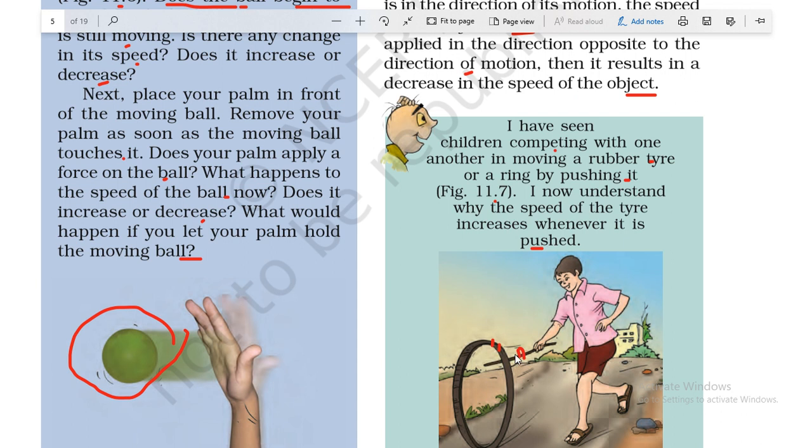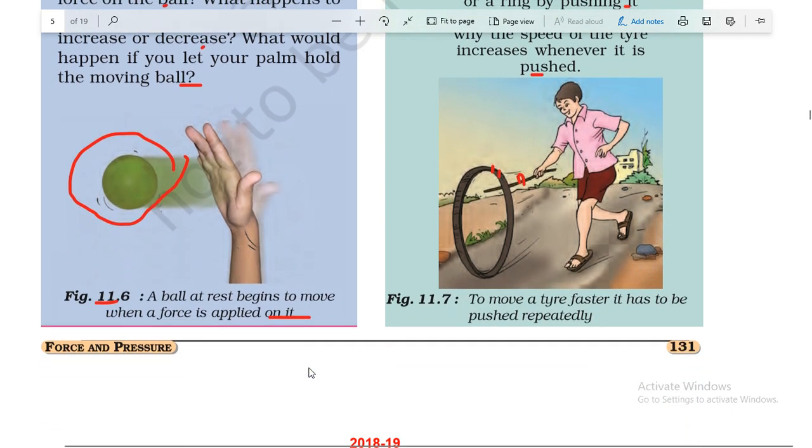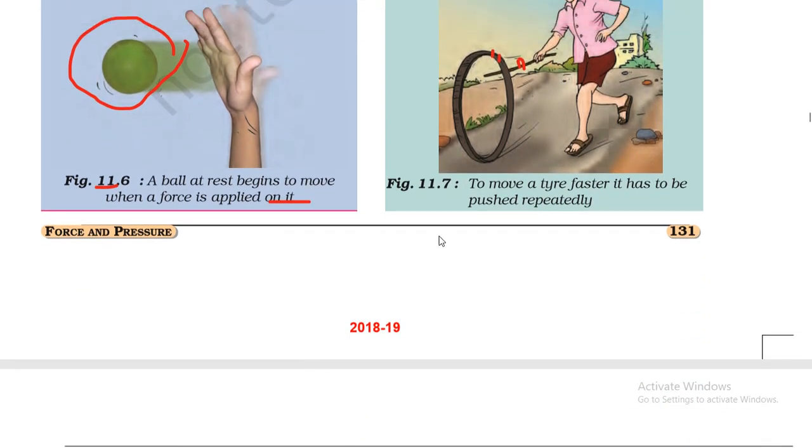This is due to the applied force. If you apply a force continuously on this moving tire, it will continuously move in the forward direction with high speed. So this is due to the continuously applied force. You can see here, to move a tire faster, it has to be pushed repeatedly.